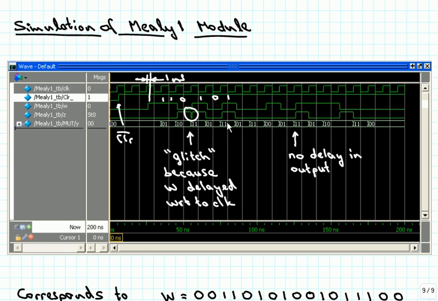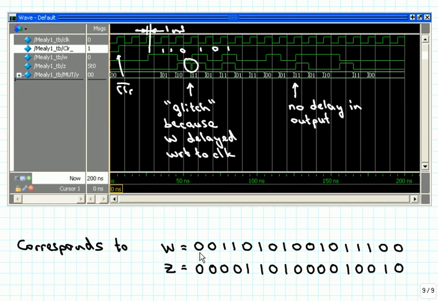Okay, so this simulation here corresponds to the W at the input being 0, 0, 1, 1, 0, 1, 0, 1, 0, 0, 1, 0, 1, 1, 0, 0, and then the outputs come immediately here. So if you have 1, 1, 0, the output C is equal to 1 right here.